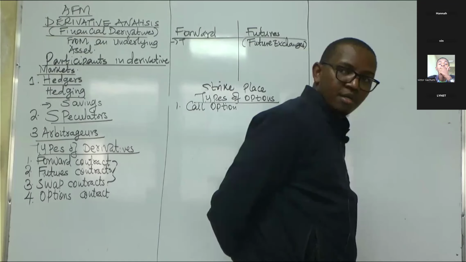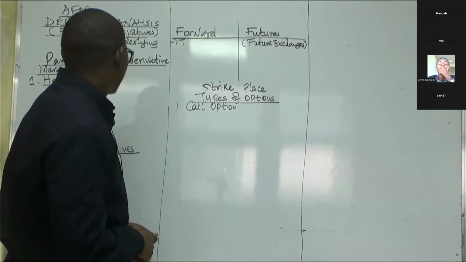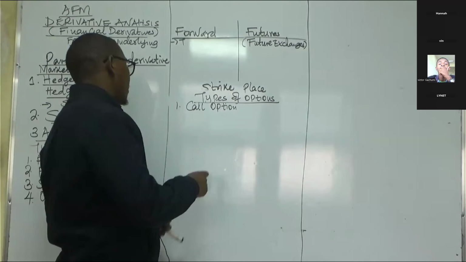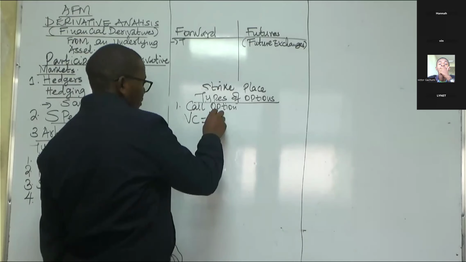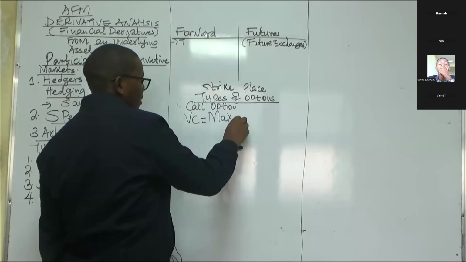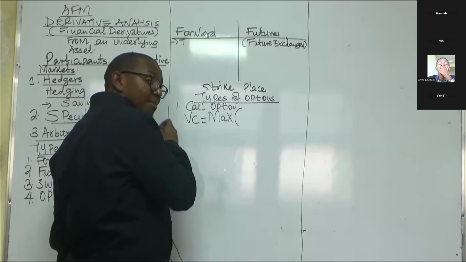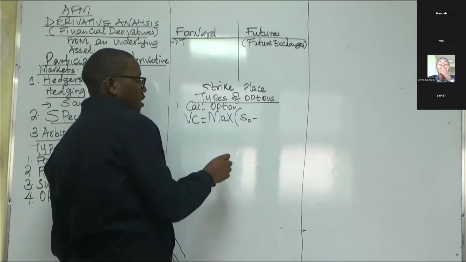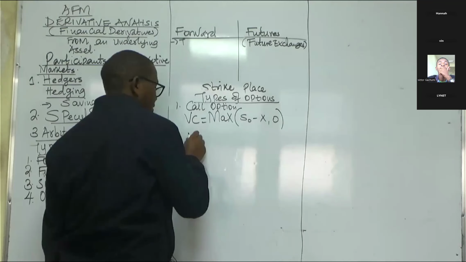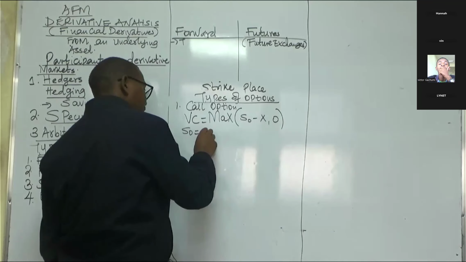The value of a call option is determined as follows. S is the spot price, the market price per share, minus the exercise price X, or the strike price, and then you compare with 0.